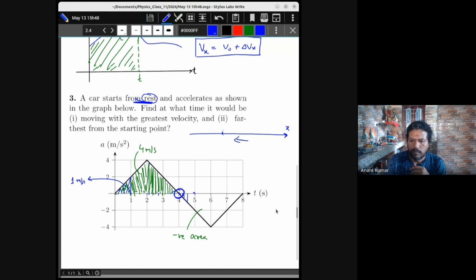Okay? बट 0 to 5 सेकंड में करते हैं तो फिर क्या हो रहा है कि ये जो नेगेटिव एरिया है वो बेसिकली न्यूमेरिकली सब्ट्रैक्ट हो जाएगा, तो एरिया तो कम होने लगा। 4 सेकंड के बाद एरिया स्टार्ट डिक्रीजिंग, इसलिए after 4 seconds the velocity starts decreasing as well, meaning that the particle would be moving with the greatest velocity at t equal to 4 seconds. 4 सेकंड पे उसका वेलोसिटी सबसे ज्यादा होता है, राइट? Is it clear what I am saying?